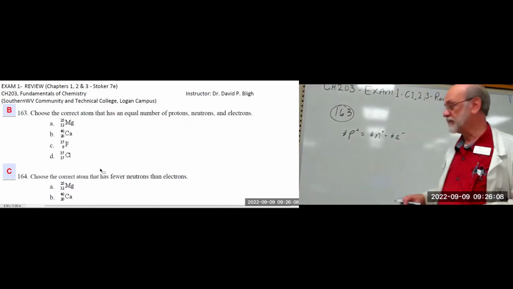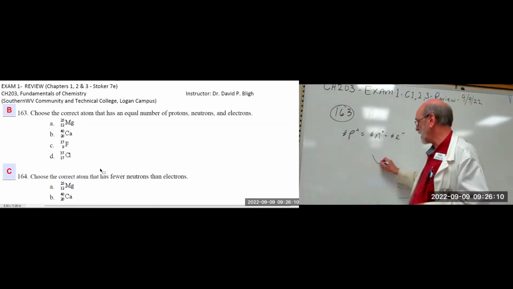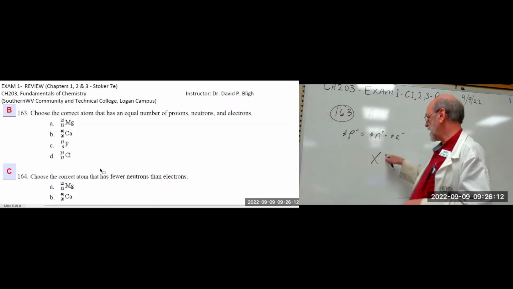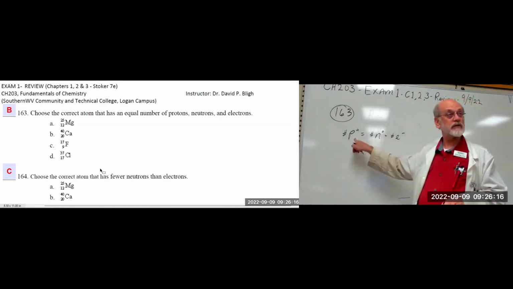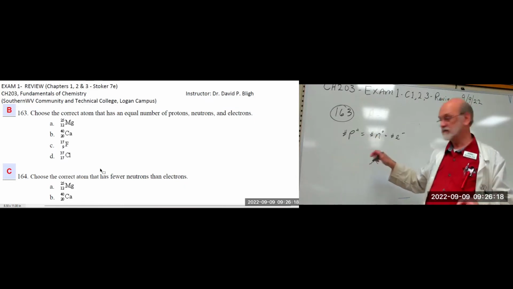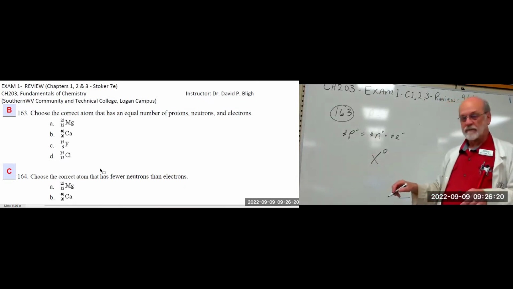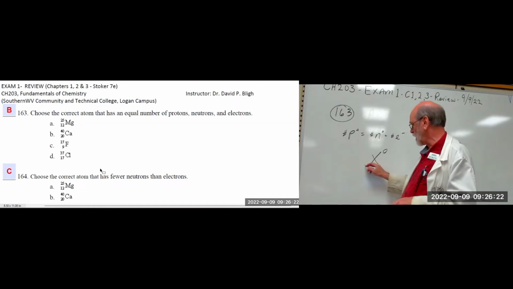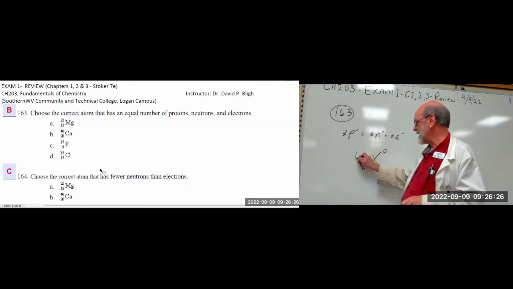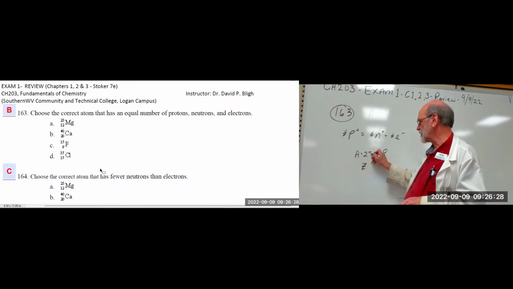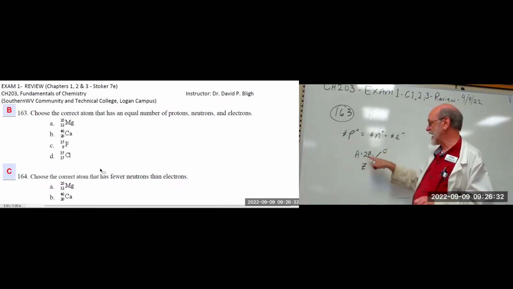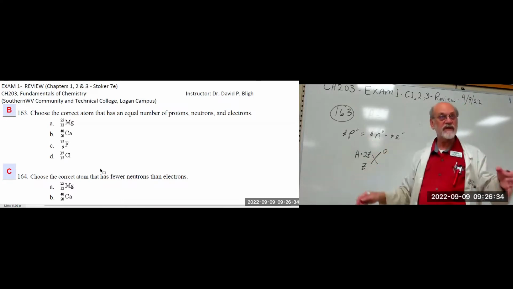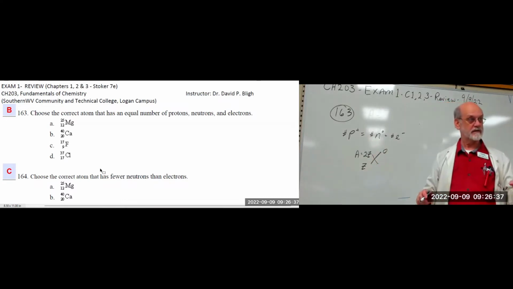So what are we looking for? Well, we're looking for an element here that has no charge. If the electrons are equal to the protons, it has to be neutral, right? Over here, we're looking for the Z number, and then the A has to be equal to 2 times Z, right? You have to have the same number of neutrons as protons, so 2 times Z would meet that condition, correct? Okay.